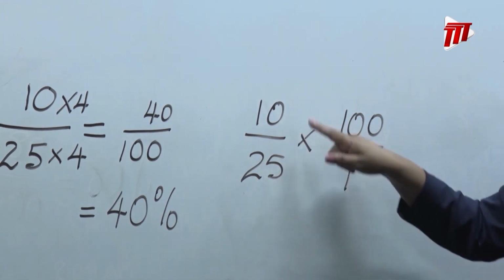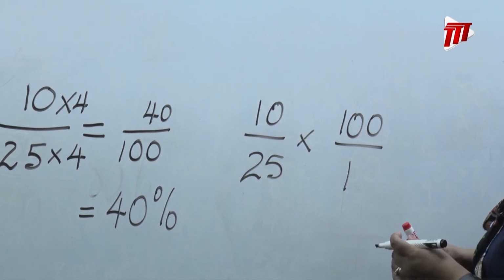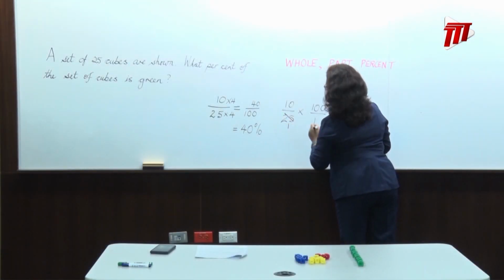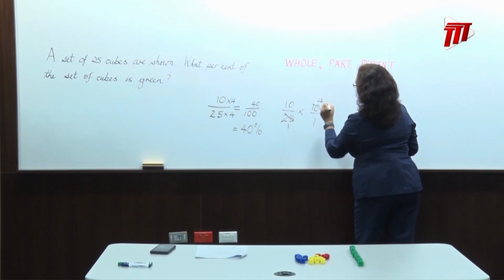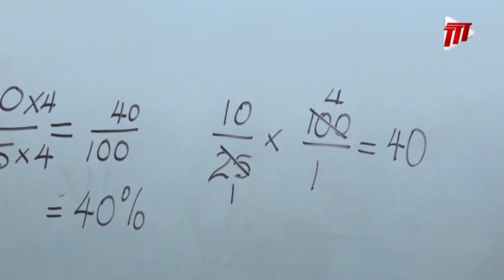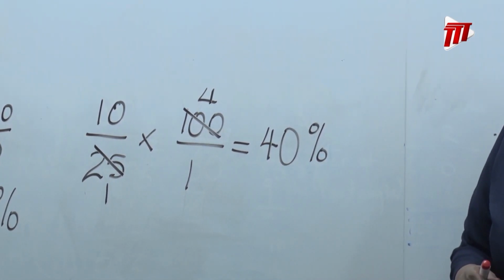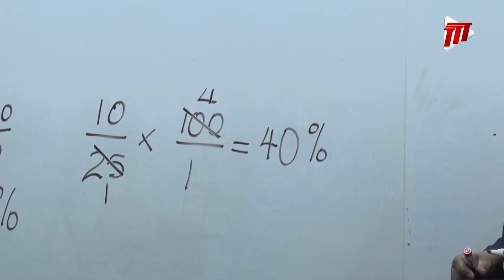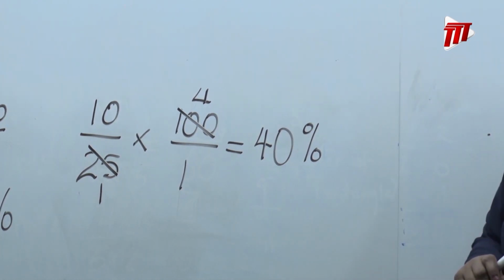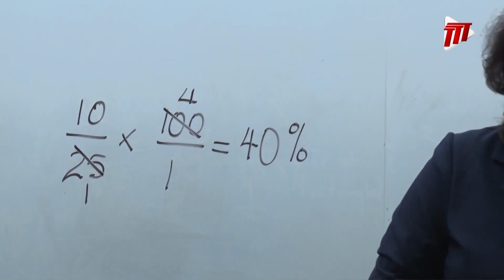So I'm finding this fraction of 100. Again, 25 can go into 100 4 times, and I get 40, but that's not my answer. I must include the percent, because this is a fraction which has a denominator of 100. So 40% of my cubes are green.